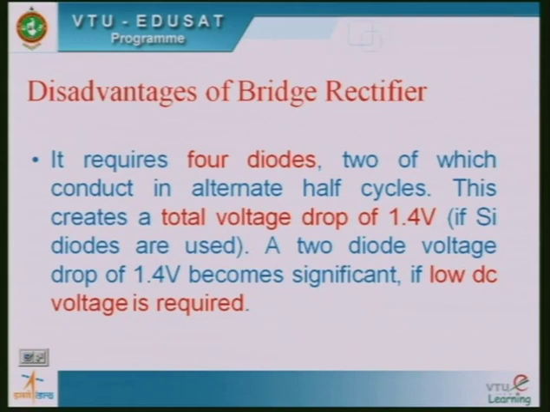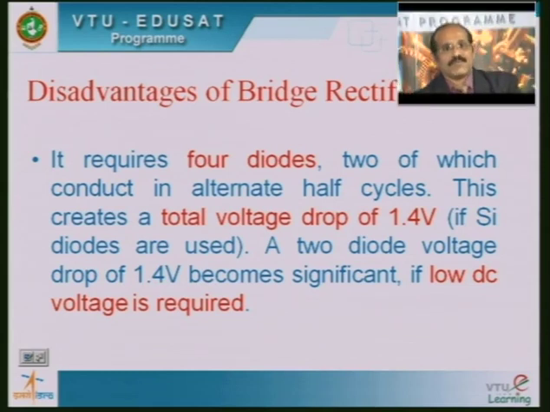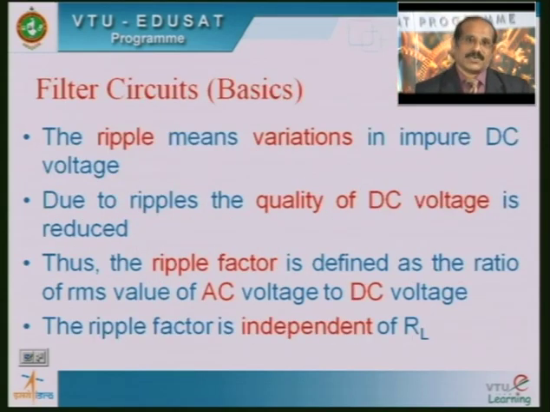Since 2 diodes conduct simultaneously, there will be a voltage drop across them, amounting to 1.4 volts if silicon diodes are used. This 1.4 volt drop becomes very significant if a low DC voltage is required. In that case we go for a precision rectifier whenever we want to convert a low AC voltage, so we do not prefer the bridge rectifier.